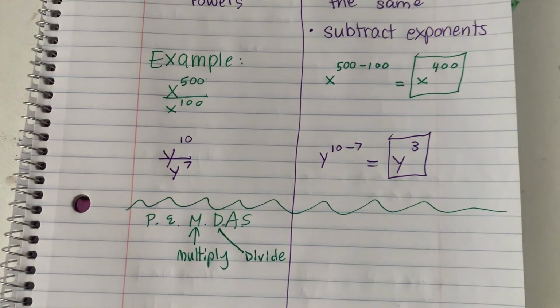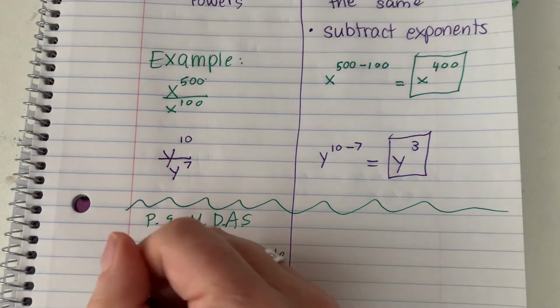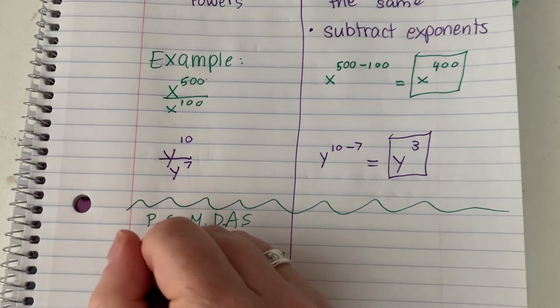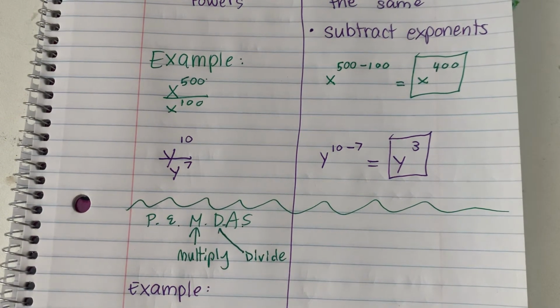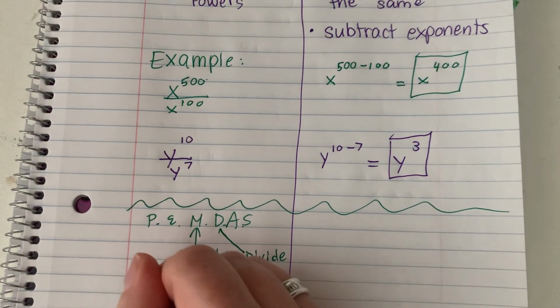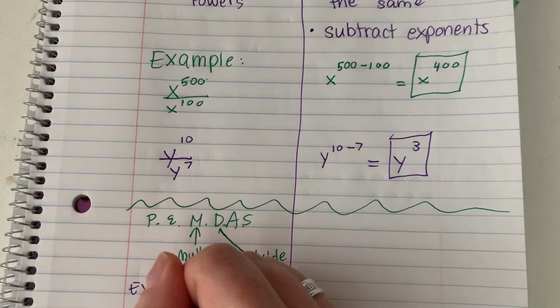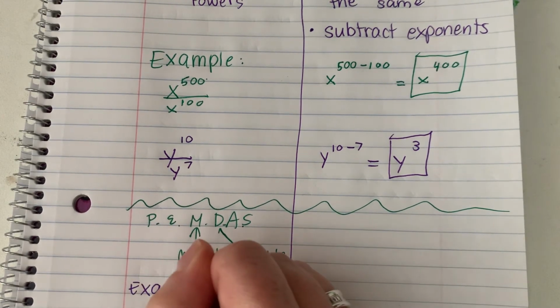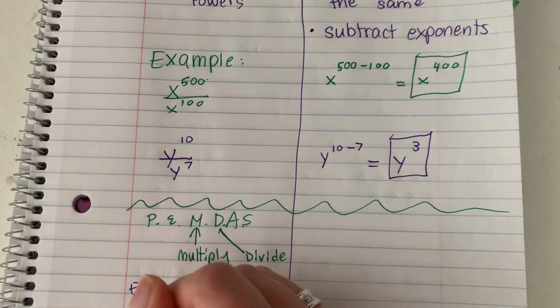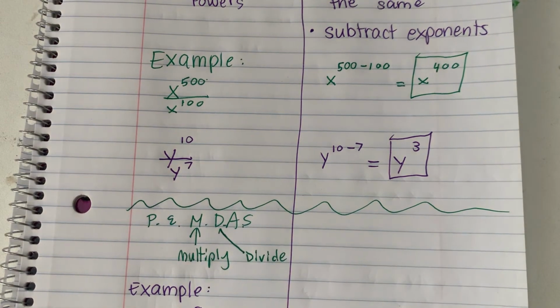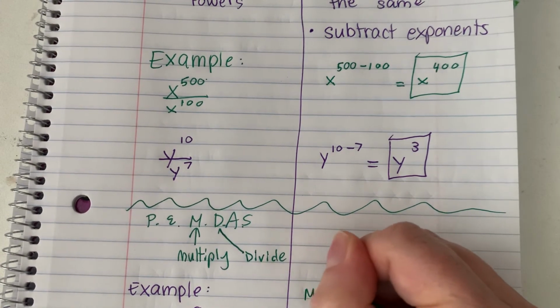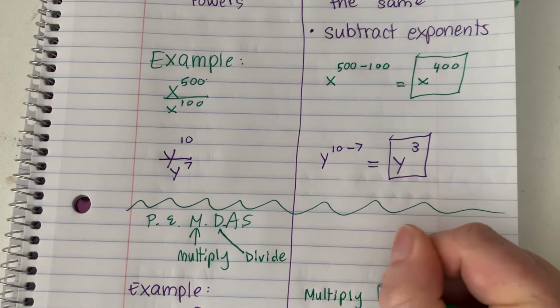So if you see an example, let's go with x to the 5th times x to the 9th over x times x to the 8th. Before I start dividing, I need to multiply first. Multiply first.